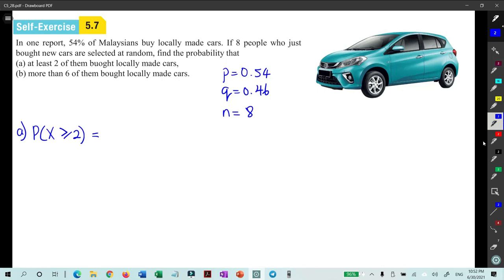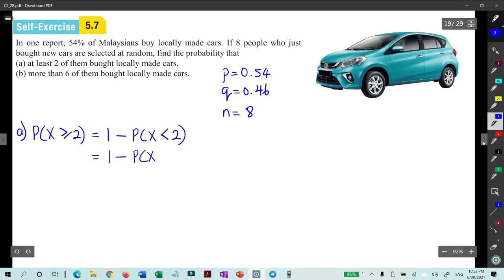Rather than we sum up all these values, we can just take 1 and then we minus P(X less than 2). So here we just need to calculate the probability of x equal to 0 and the probability of x equal to 1. Don't forget to put the bracket.